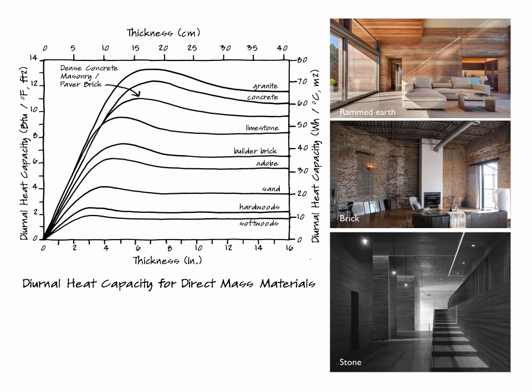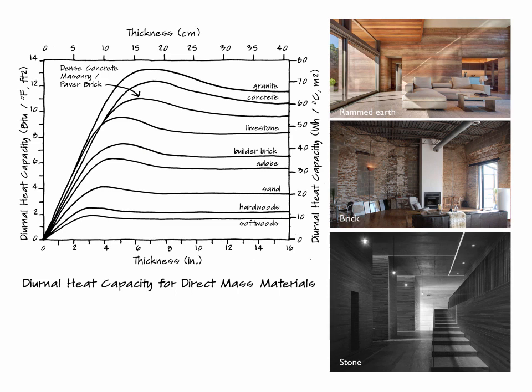So for instance, mass behind a Trombe wall, that counts. Mass in a direct gain room, that counts. Mass in a sun space, that counts. Mass that's heated by air moving from one room to the other, that doesn't count. That's indirect mass, right? So this is just strictly for direct mass materials.